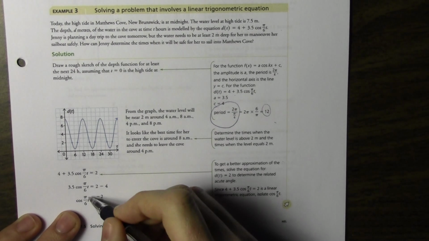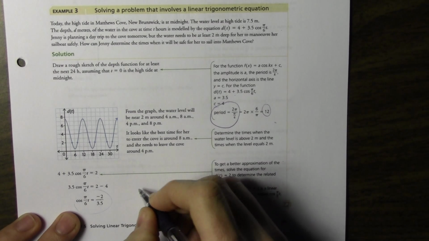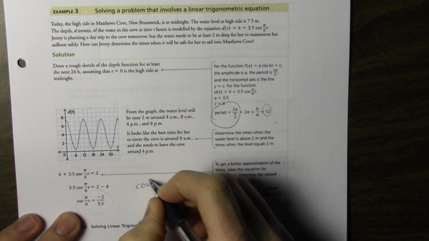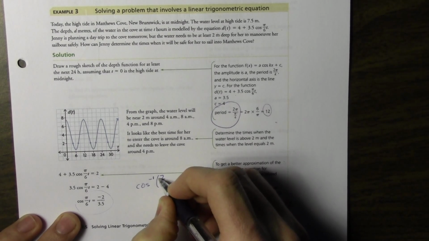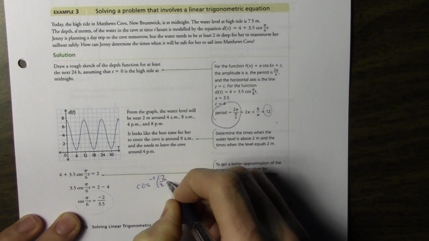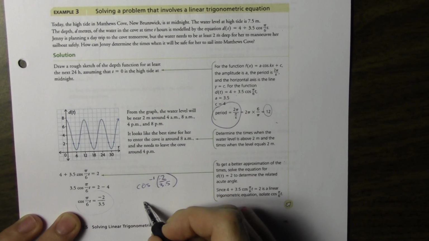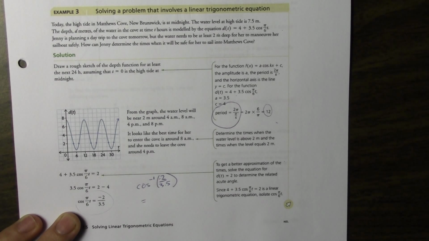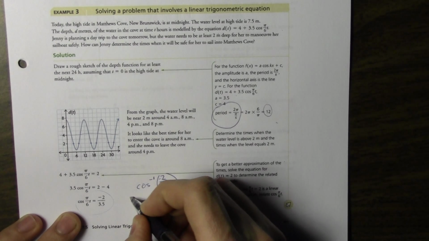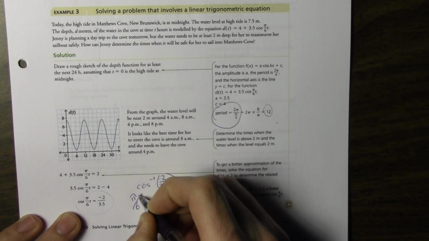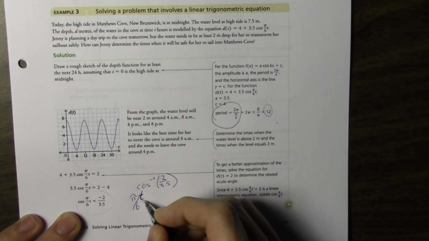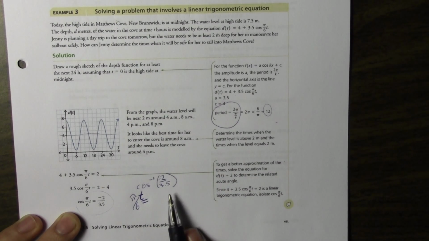So this is a tricky one here because we need to take the cos inverse of negative 2 over 3.5. This is going to give us not the value of t, but the value of pi over 6 t is going to be equal to this value.